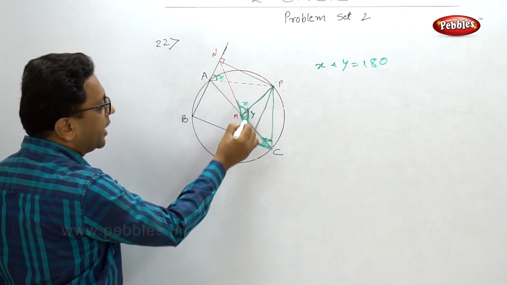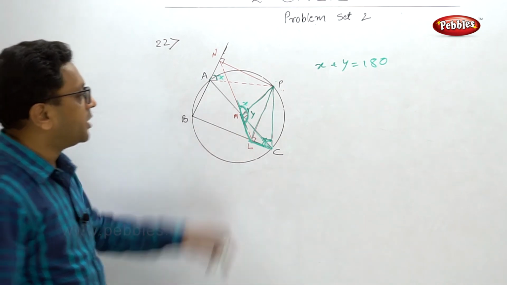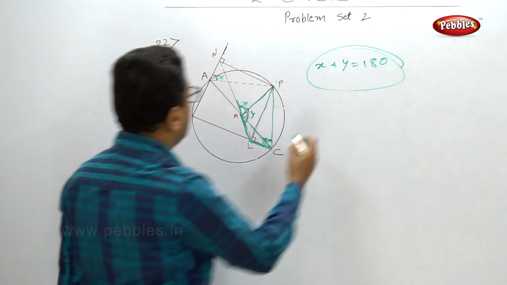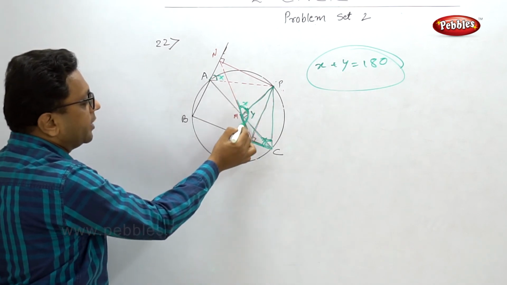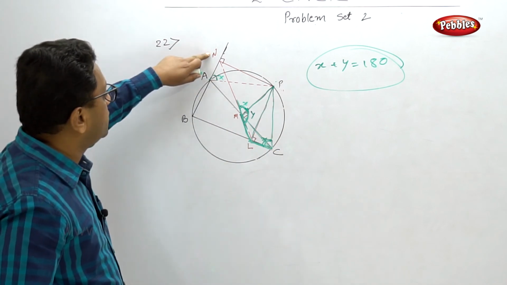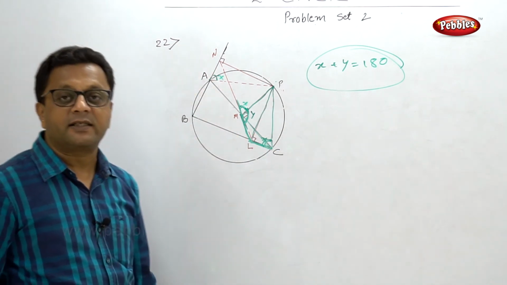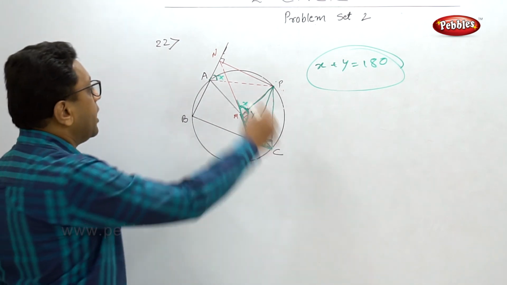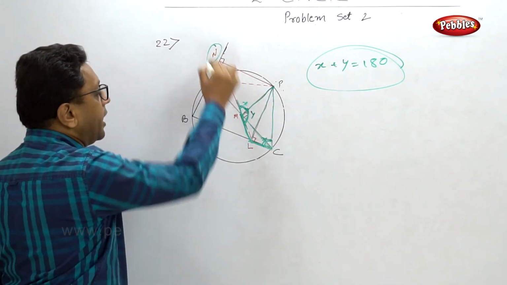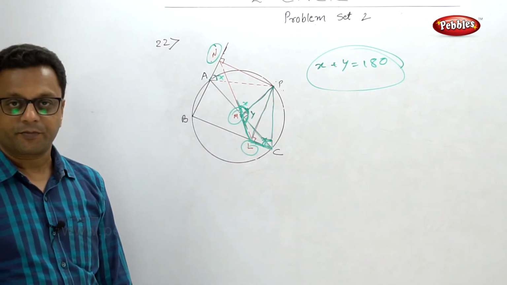These are the angles of the linear pair, because the addition is 180, and hence this line NML is one and the same line, and hence N, M and L are collinear points.